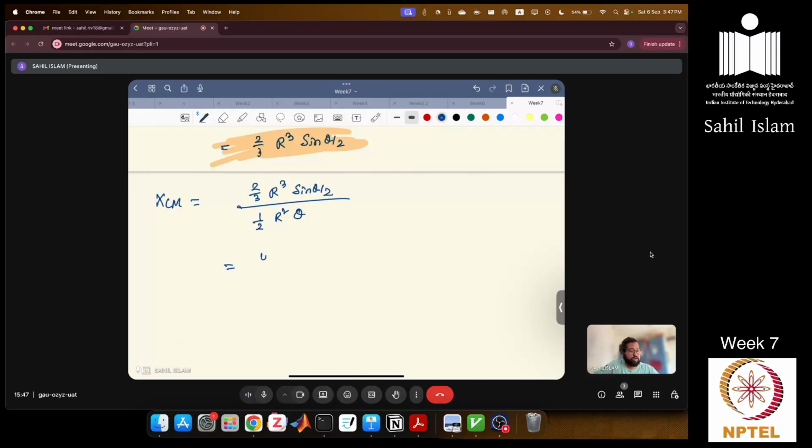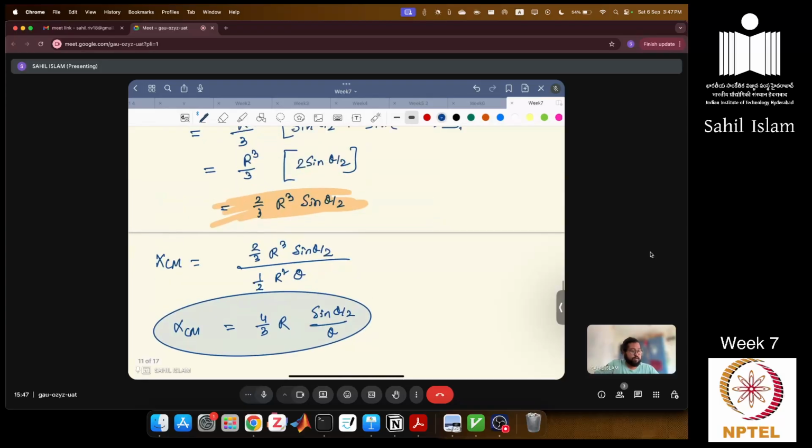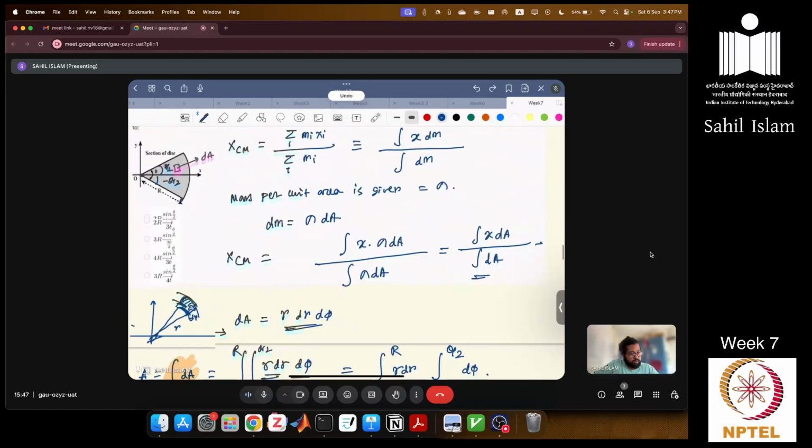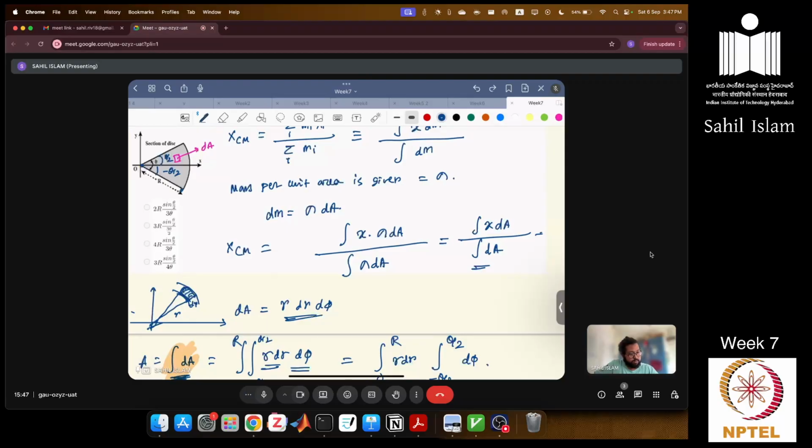So we get 4/3 r sine theta by 2 by theta. This is what we get, and this is the correct answer.